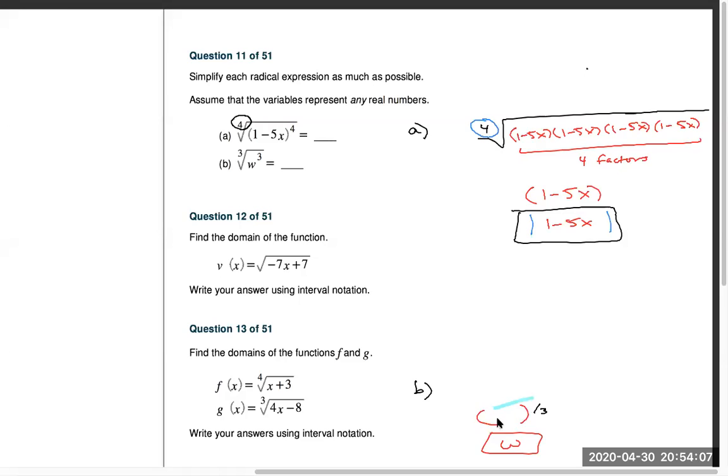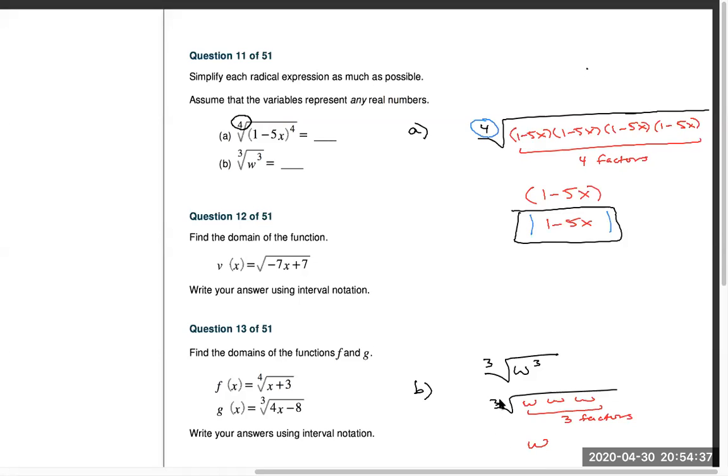Okay, last bit. You have the cube root of w cubed. That's going to be the same as writing the cube root of w multiplied 3 times. You have 3 factors here. So for every 3 factors you get, you just take one of those factors out of the radical.